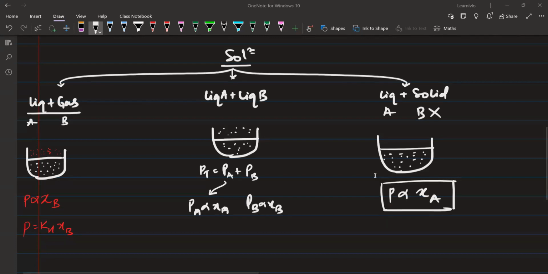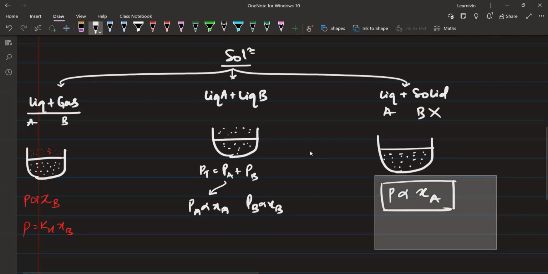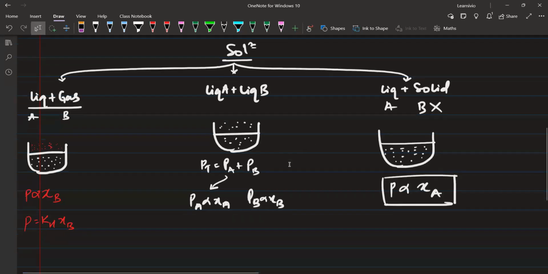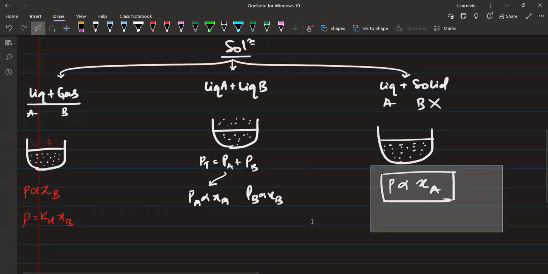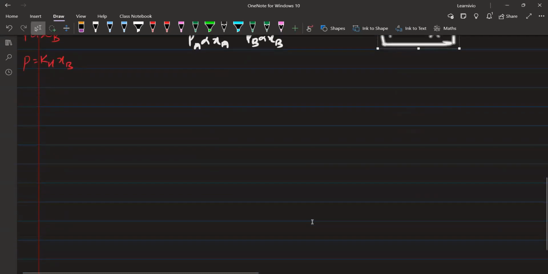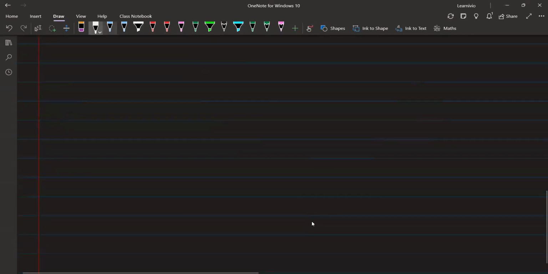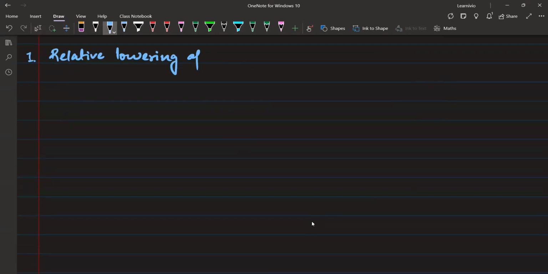We will come into detail, but I'm going to start from here. When we write the formula for relative lowering of vapor pressure, we'll start from here. First of all, write the heading: relative lowering of vapor pressure. Please write this again.